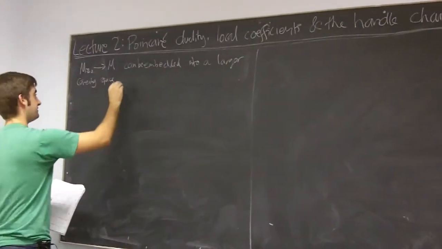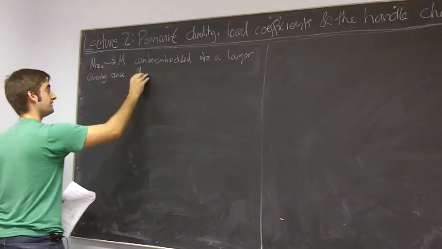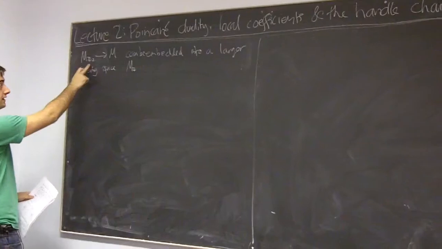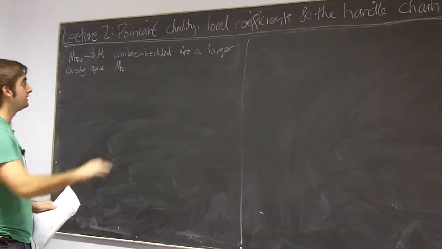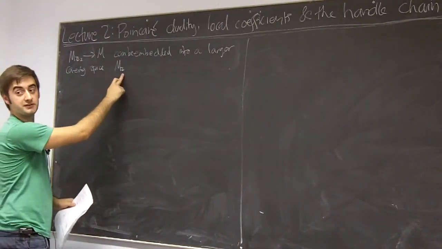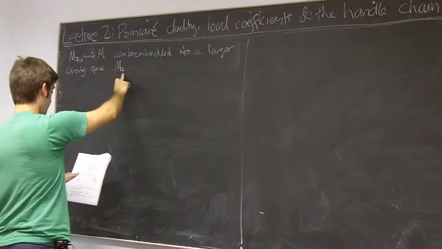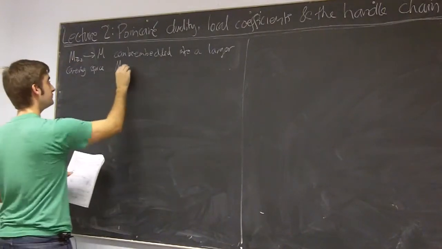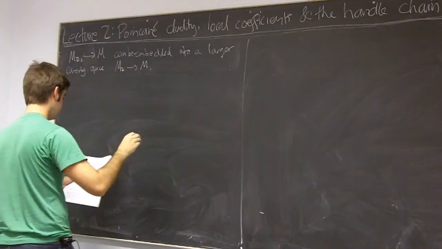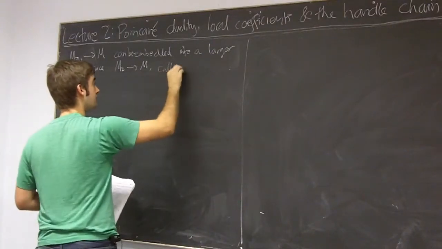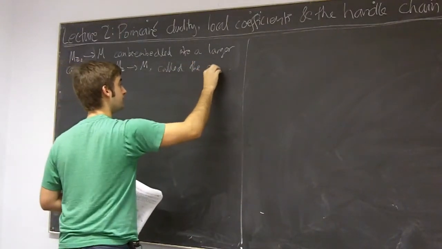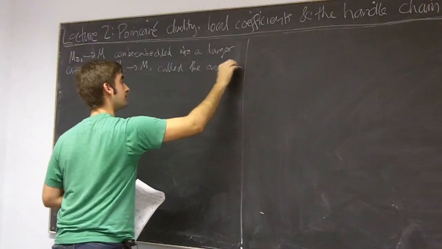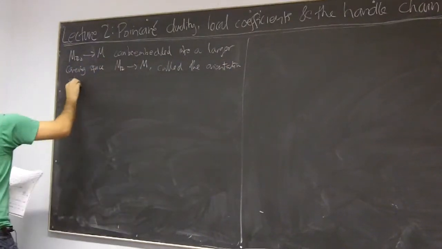Again, I'm going to use suggestive notation, M sub Z. Before, over each point we had a copy of Z mod 2. Now over each point we're going to have a copy of the integers. And this is sometimes called the orientation sheaf of M.